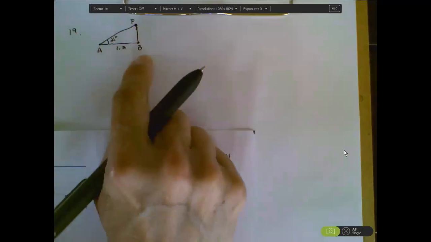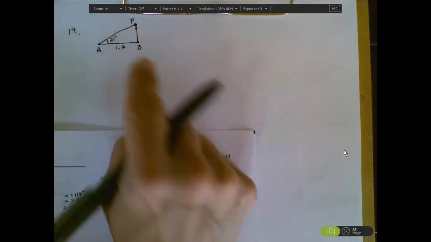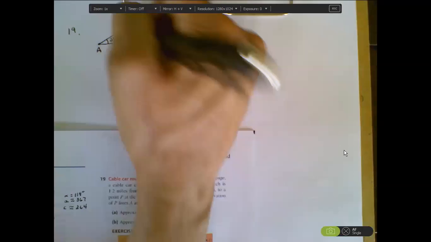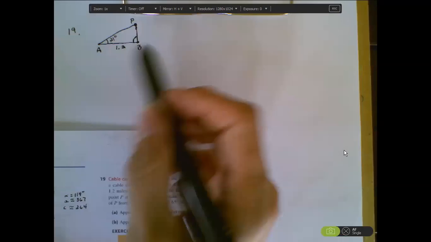Now, I drew this looking like it was a right triangle because all my triangles basically look the same. But if they're telling me the angle of elevation at B is 65 degrees, that's, again, with respect to the horizontal. And if that's not 90 degrees, that's not supposed to look like a right triangle. So my pictures are just way off.